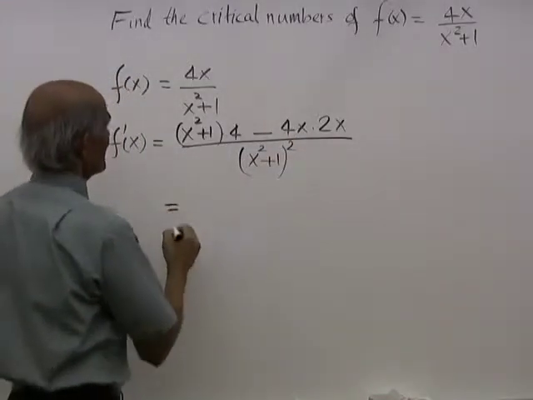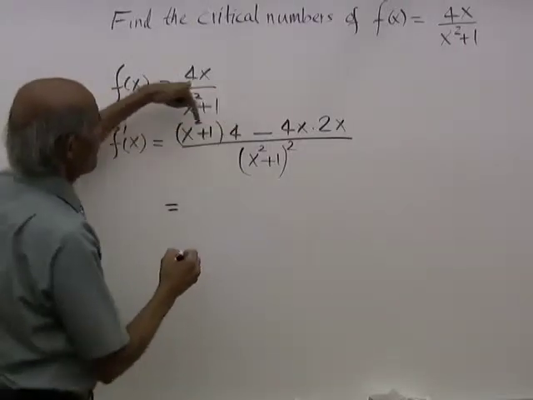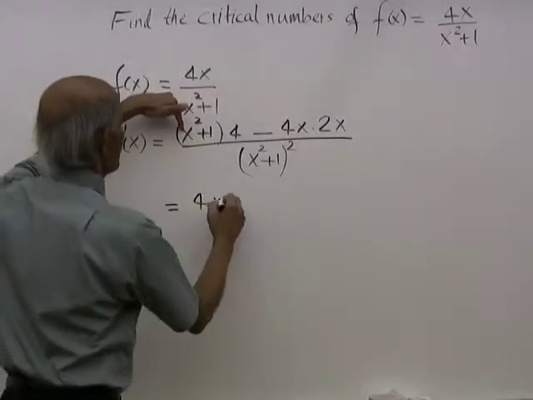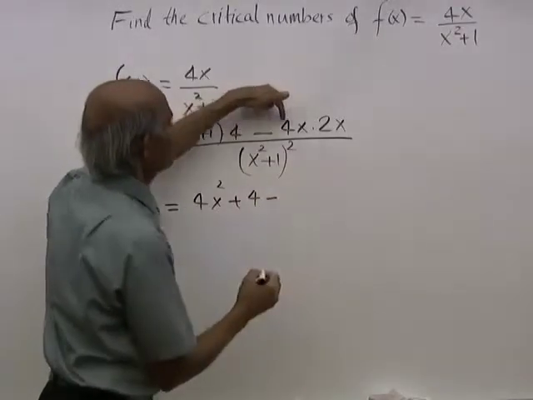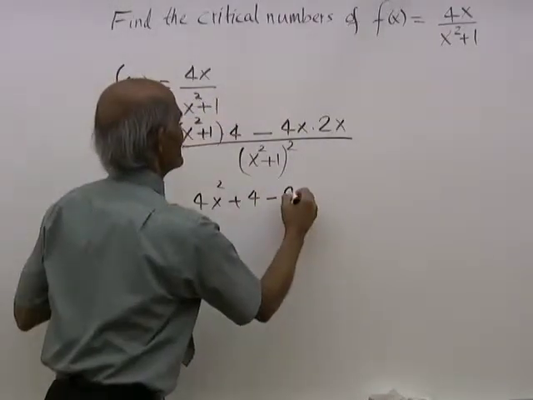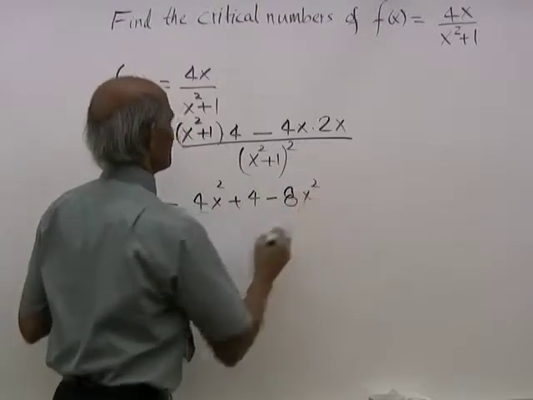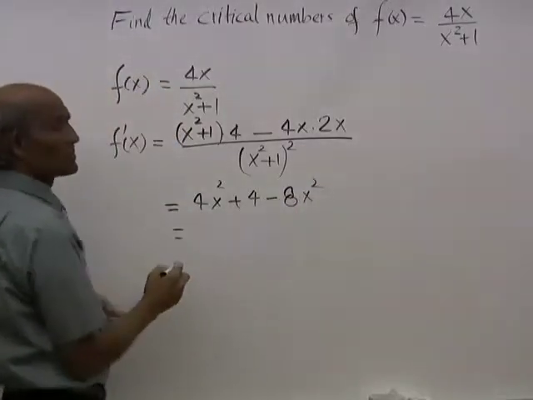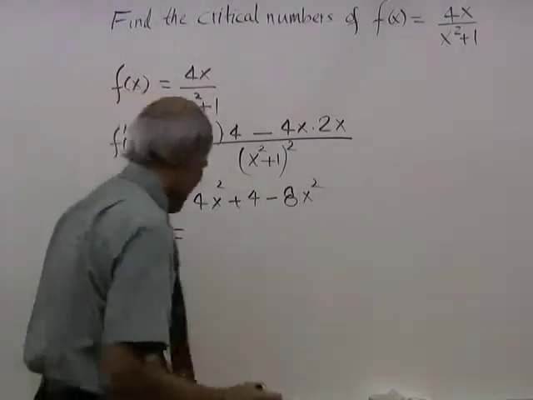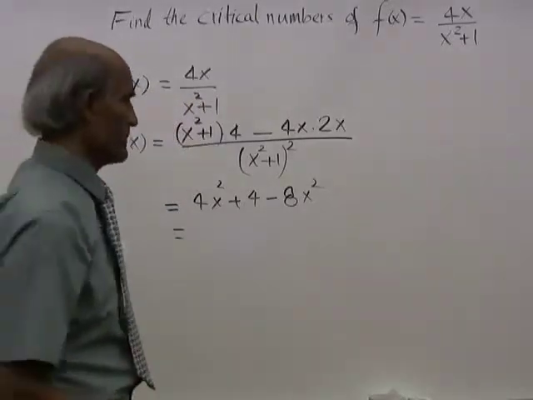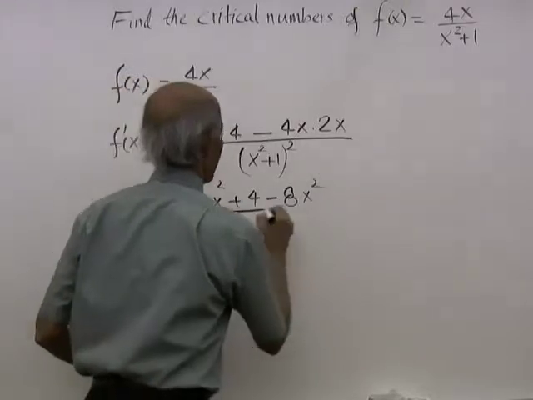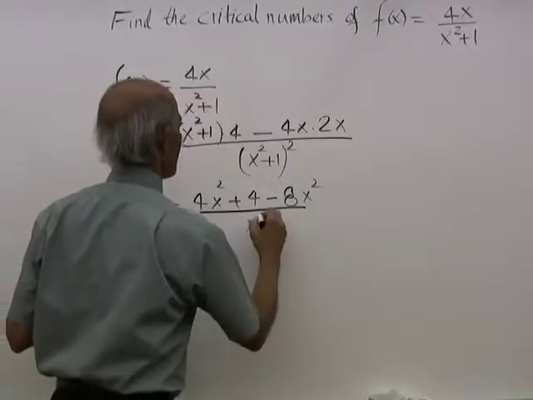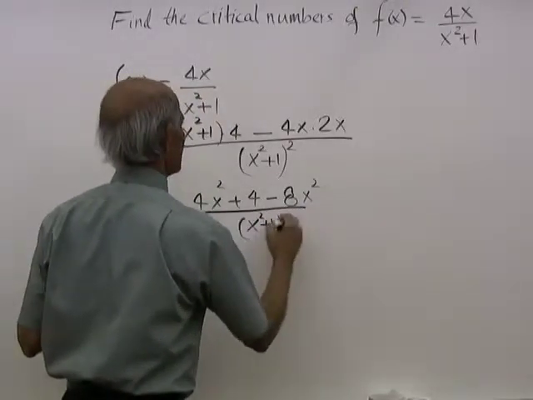Simplify that. That will be, distribute that, 4x squared plus 4 minus 8x squared. And that's equal to, well, we have a denominator, don't we? Yes, so that divided by x squared plus 1 whole square.